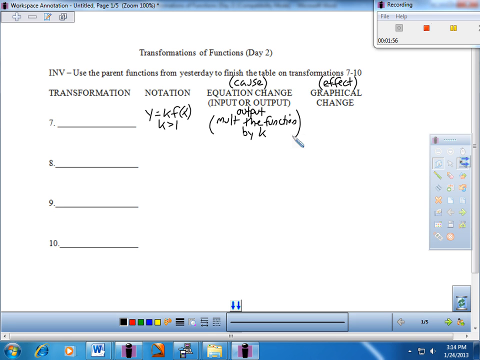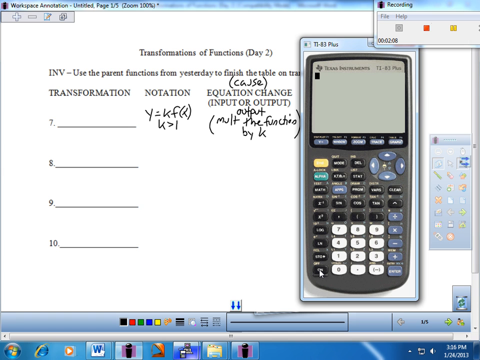And let's go ahead and grab the graphing calculator. Maybe use some of those functions from yesterday's lesson to put this together. So there we go. I've got it up and running. I'm going to go to my y equals. And I'm just trying to think which one would work good here. Oh, how about square root? Let's go with that one. So everyone type in square root of x. That will definitely be our parent function.